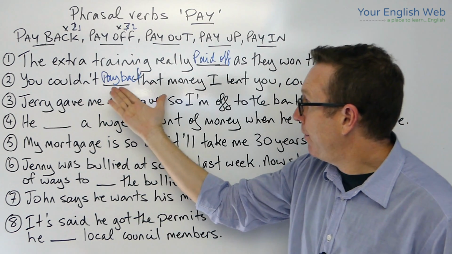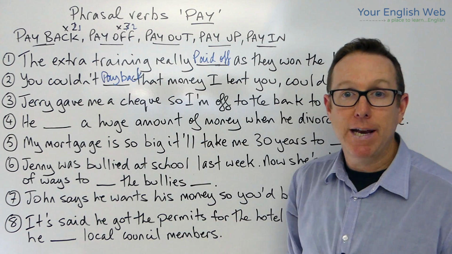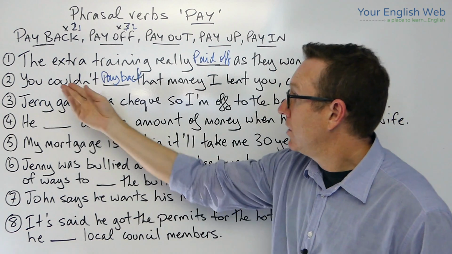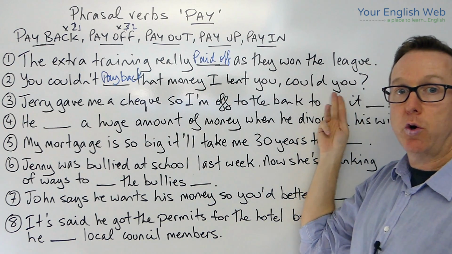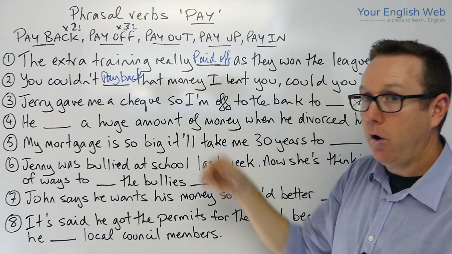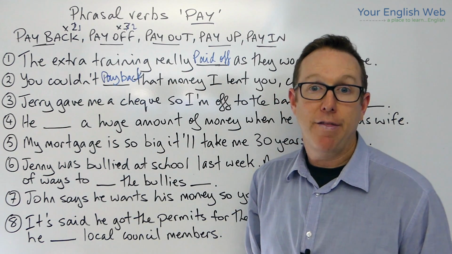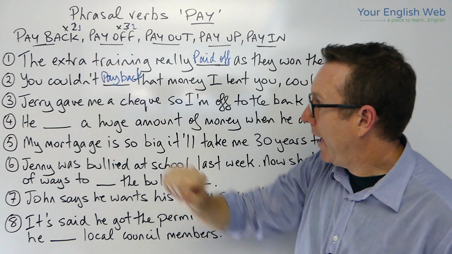So I want the person to pay me back the money that I gave or that I lent them. So you couldn't pay back that money I lent you, could you? Okay, and hopefully that person gives me back the money that they owe me. Good. So 2 out of the way.